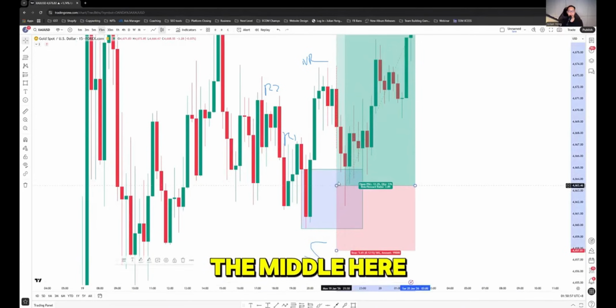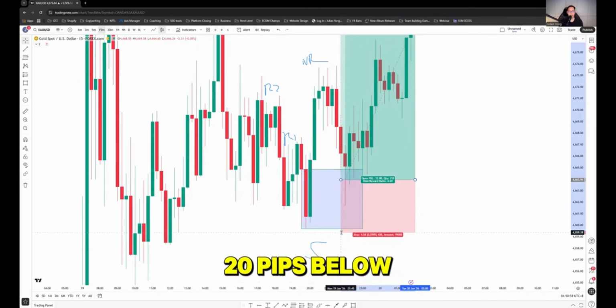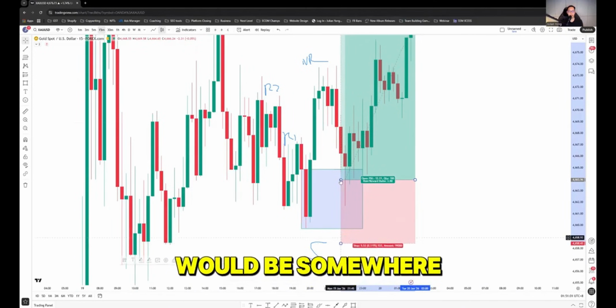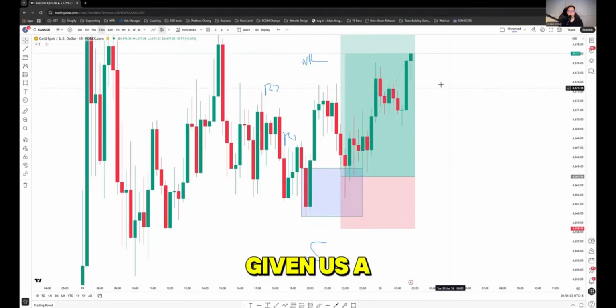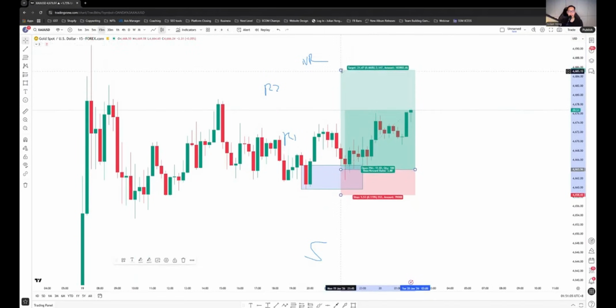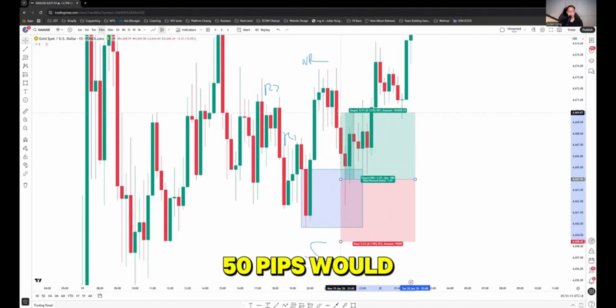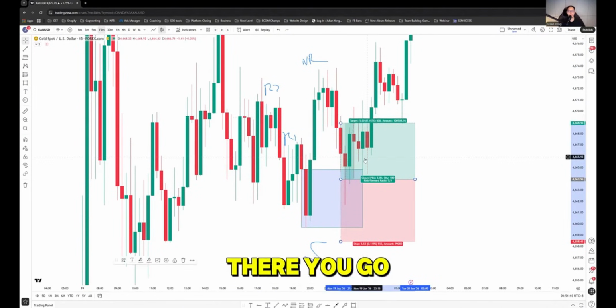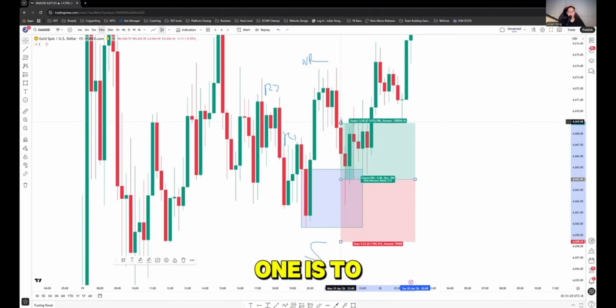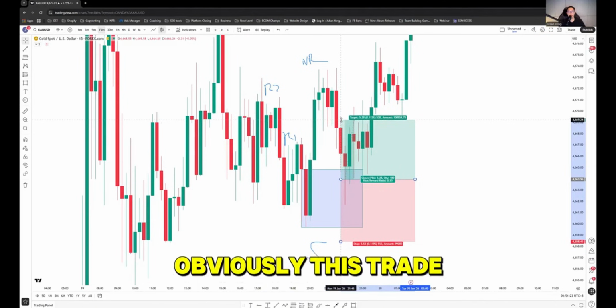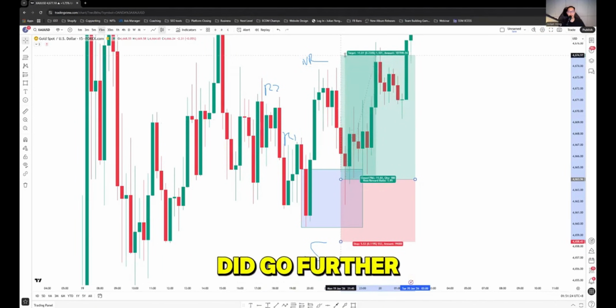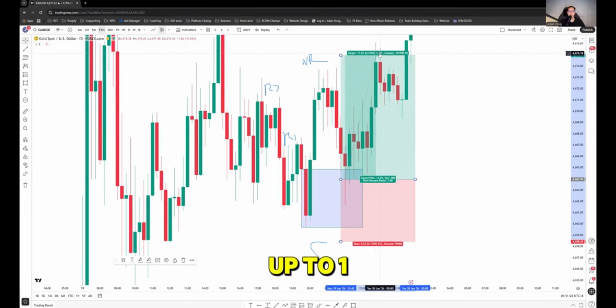Let's just say you entered in the middle here. You can see right here, 20 pips below would be somewhere here. 50 pips would be around here. There you go. So this is a very nice 1:1. Obviously, this trade did go further as well, even up to 1:2.